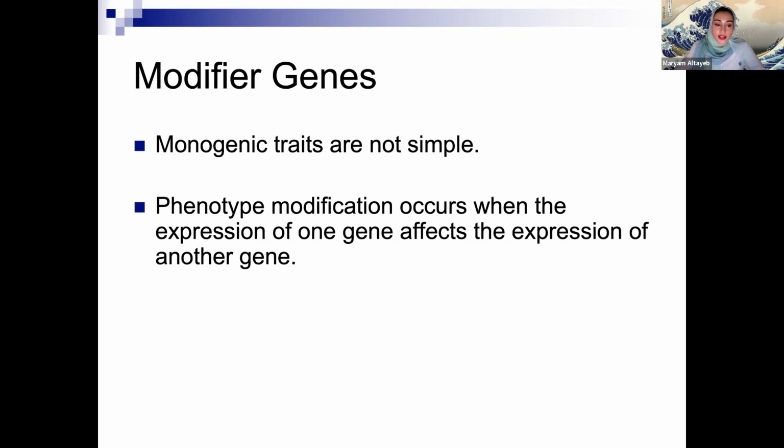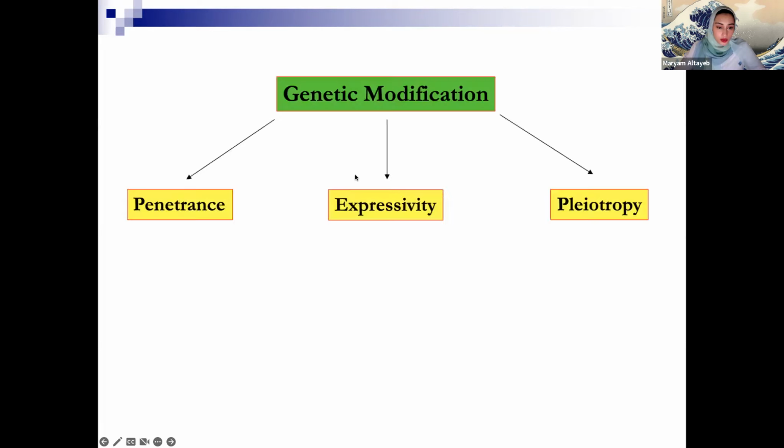So what we're trying to say here is that when we look at a gene mutation, we look at a disease, these things do not work in isolation. It is not like, okay, you have a mutation, you have the disease, that's it. No, there is a lot of interplay between different genes, especially if they're sitting neighboring to each other. One gene mutation can affect the expression of another gene, and so on and so forth.